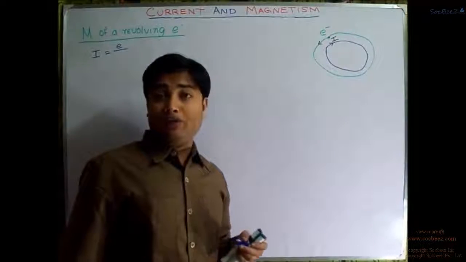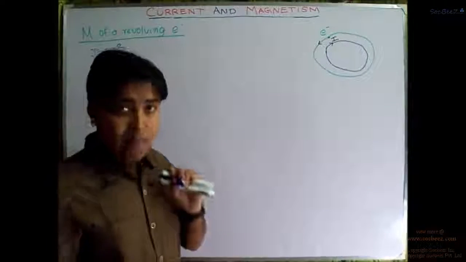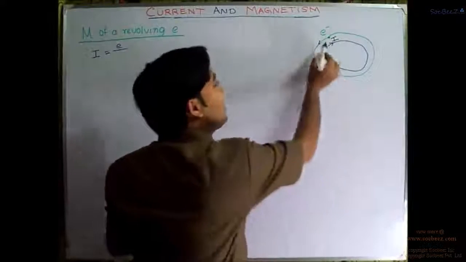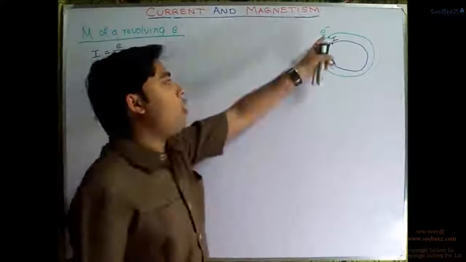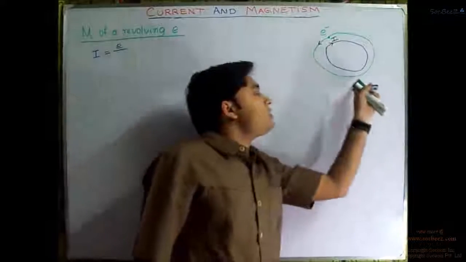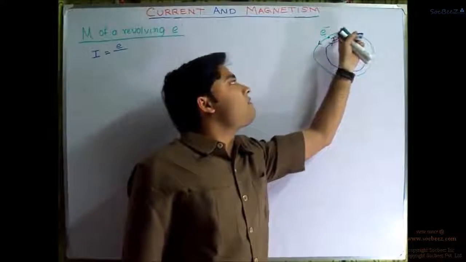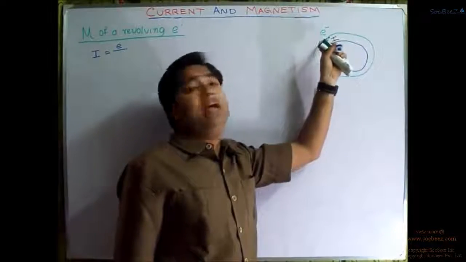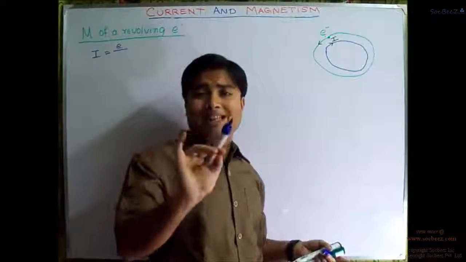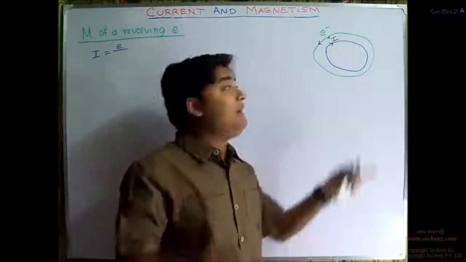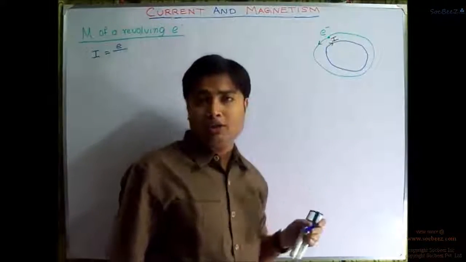Now what will be the time? The time is how much time this electron takes from this particular point to revolve around this specific orbit and come again to that point. And that time is basically known as the time period of one revolution.